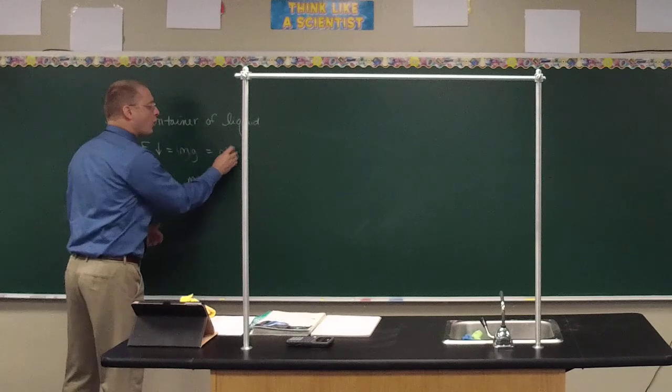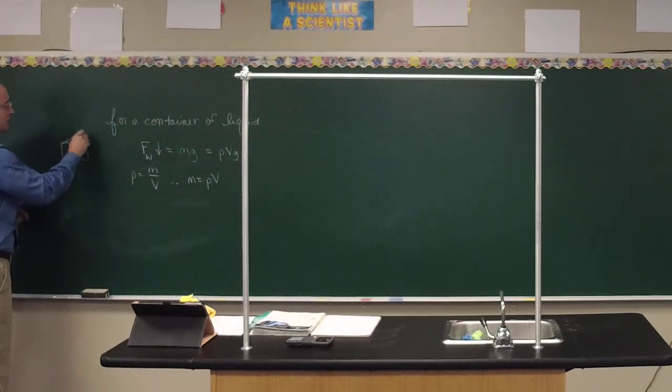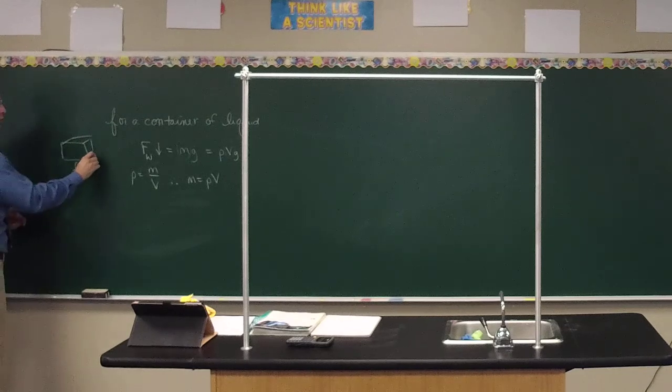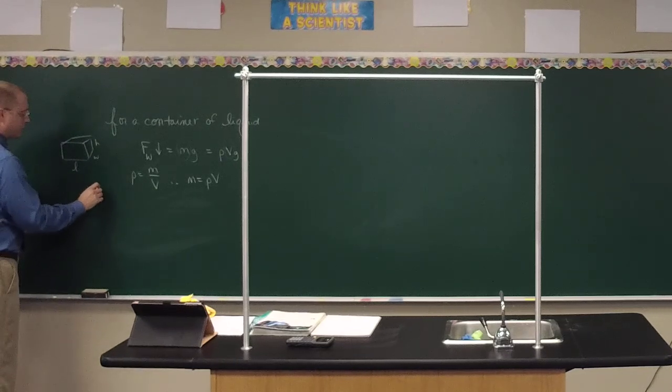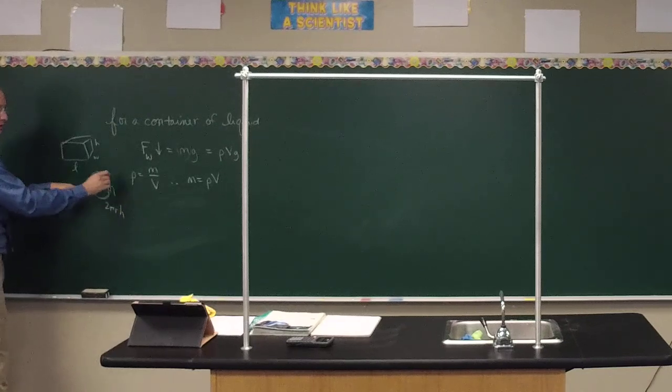Well, think about what volume is. Remember back in your junior high days, we said for a box, the volume was the length, the width, and the height, right? We said if we had a cylinder, for instance, it was the 2 pi r, or the circumference down here, times the height, right?